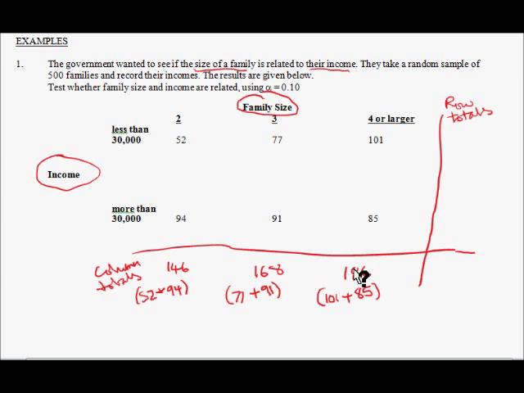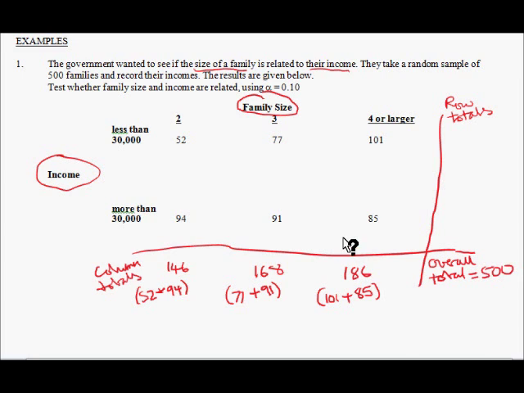There are 186 families with 4 or more in the family out of the 500 sampled. And a quick check: the overall total, we know from the problem, is 500. We're told there are 500 families.